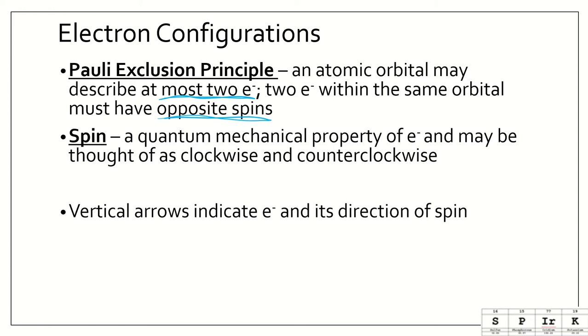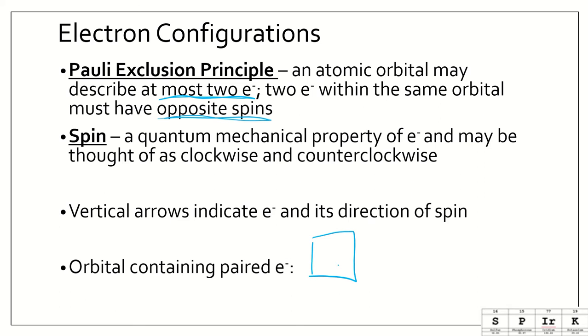When we draw an orbital, we'll typically see it as a box or maybe just a line. The way we would represent those electrons is this: the first electron has an up spin, so we represent that with a half arrowhead, and then it gets paired with a down spin, so a clockwise and a counterclockwise.